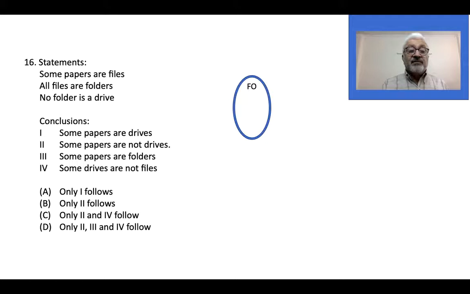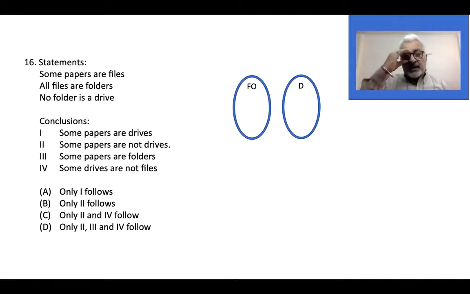It says no folder is a drive. FO is representing folder and D is representing drive. So they have no overlap. Therefore, we show a bar between them. All right. The second statement, just the one above the third statement, all files are folders.